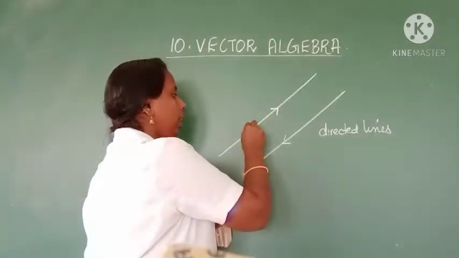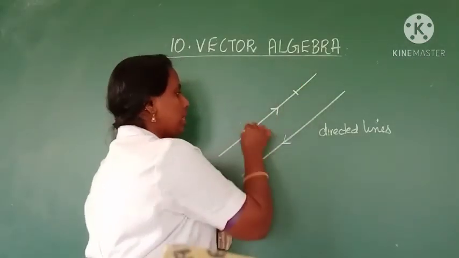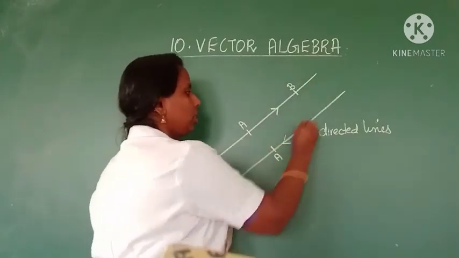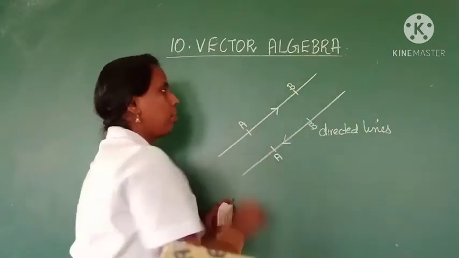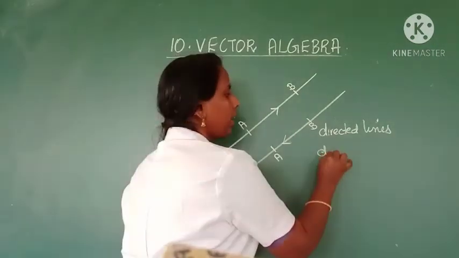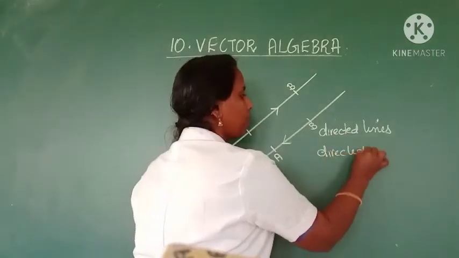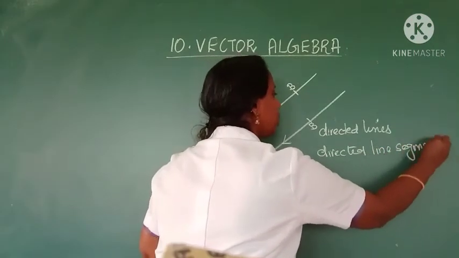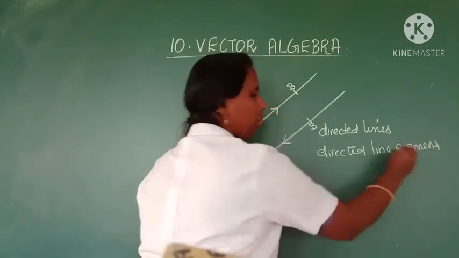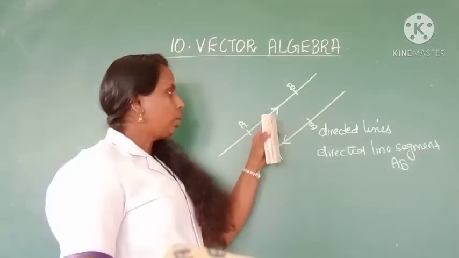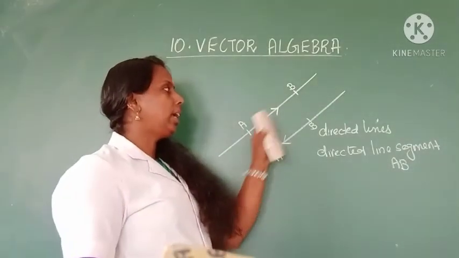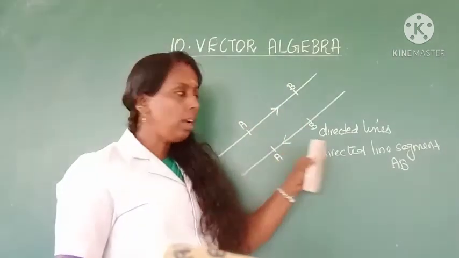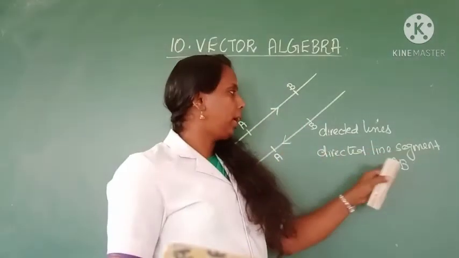Now, if we take a segment AB on this line, this segment becomes a directed line segment AB. So in this directed line we are taking a line segment, and this line segment AB is now called directed line segment AB.